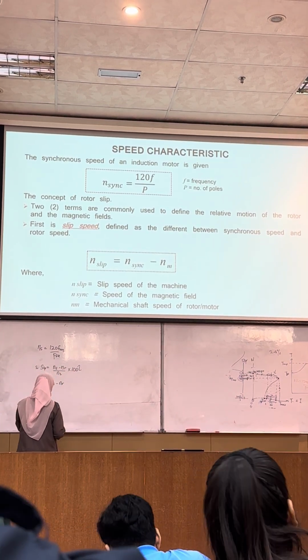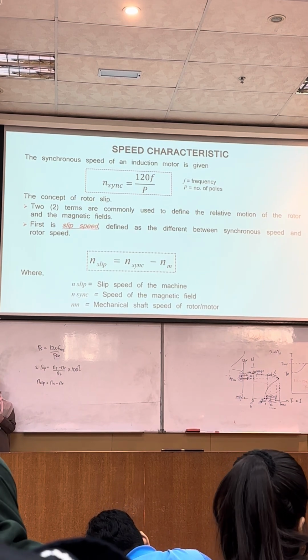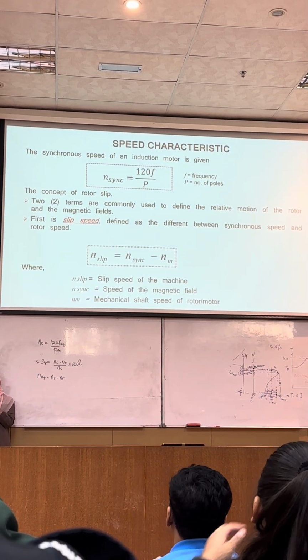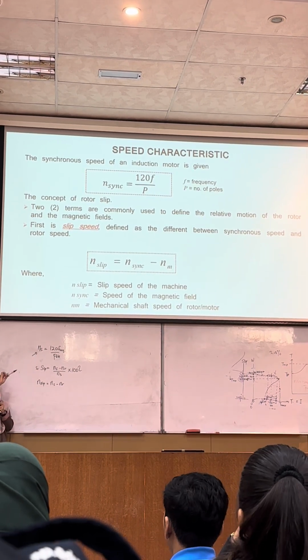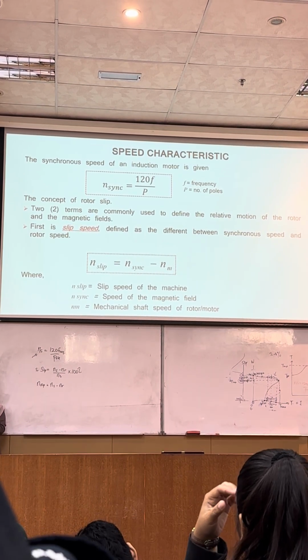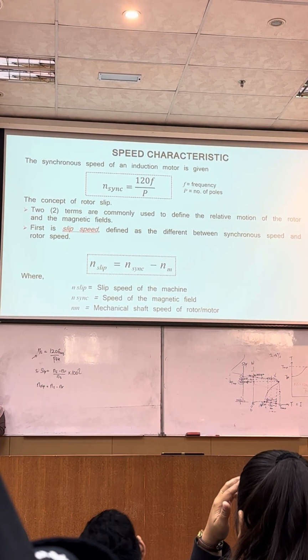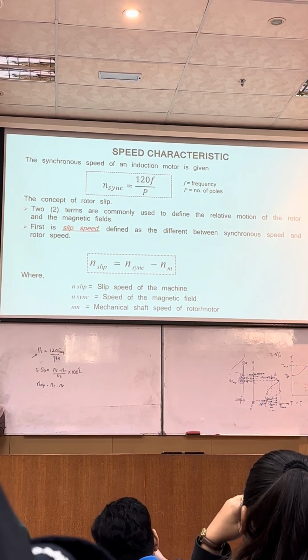Okay, but bila motor in operation, we need to know what is the motor speed. Kita tak tanya synchronous speed, right? Synchronous speed ni we'll be using this term masa bila? Masa nak tahu rated of the motor. Okay, let's say this motor is running at 3000 RPM rated. Itu maximum rated.